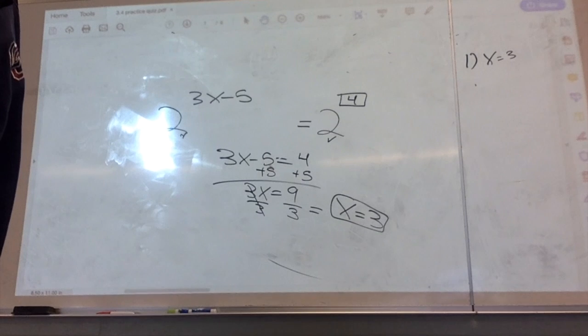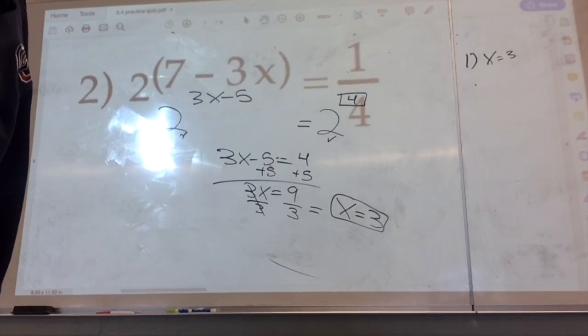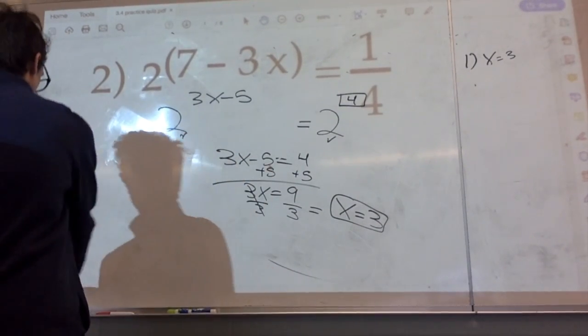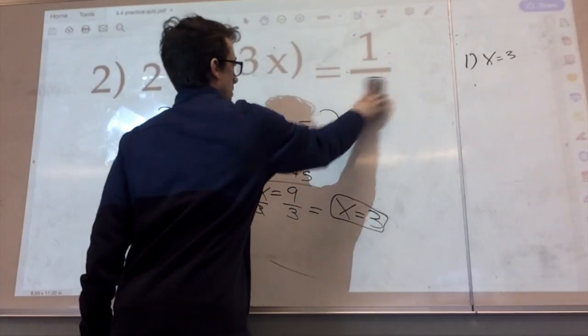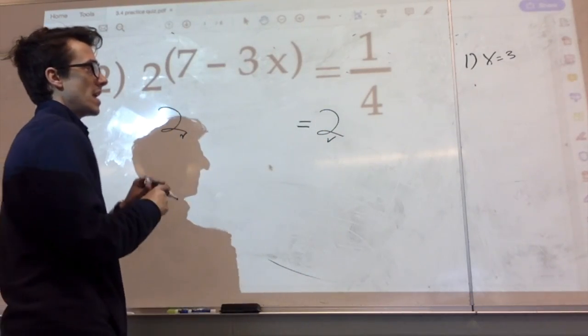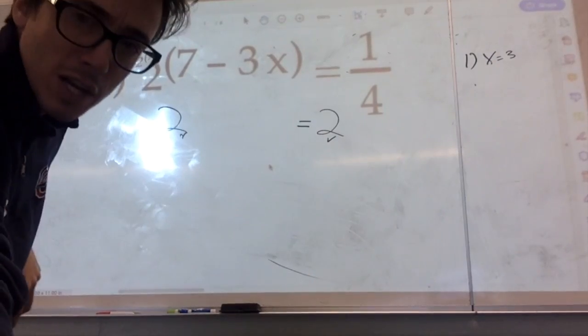If we shimmy on down, we now have still a base of 2, but now we're dealing with a fraction of 1/4. So I'm not going to change up too much here, still keeping our base of 2, but since we're dealing with 1/4, what's that new exponent going to have to be?